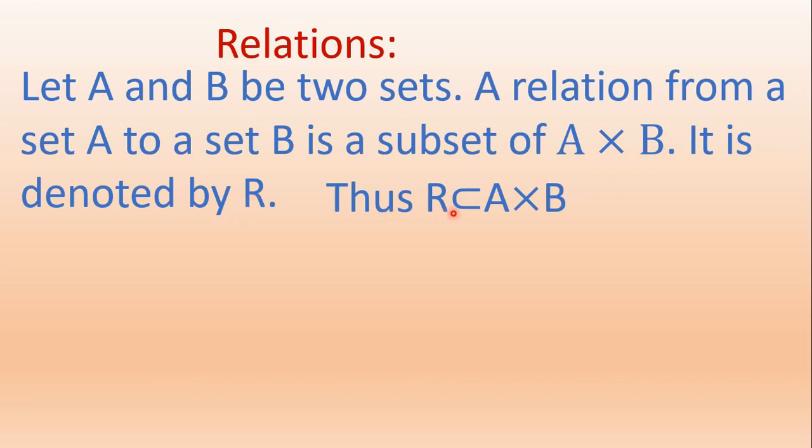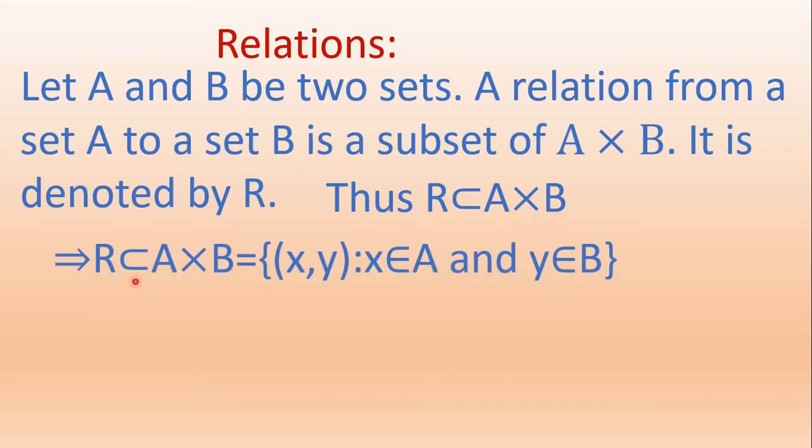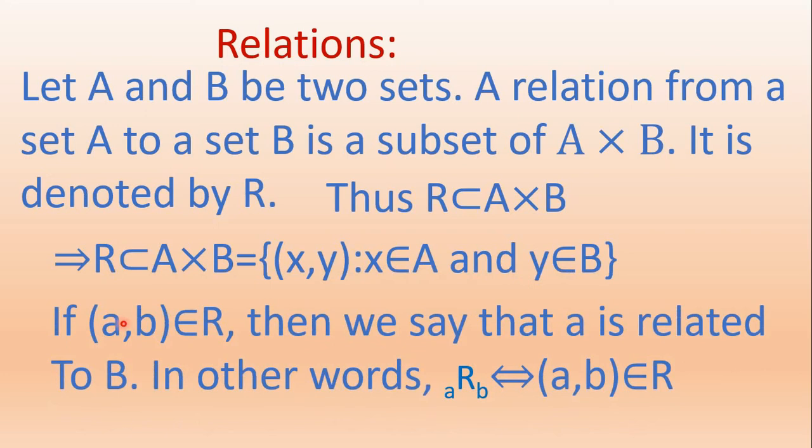Thus R is a subset of A cross B, which implies R is a subset of {(x, y) such that x belongs to A and y belongs to B}. If (a, b) belongs to R, then we say that a is related to b. In other words, a is related to b if and only if (a, b) belongs to R.